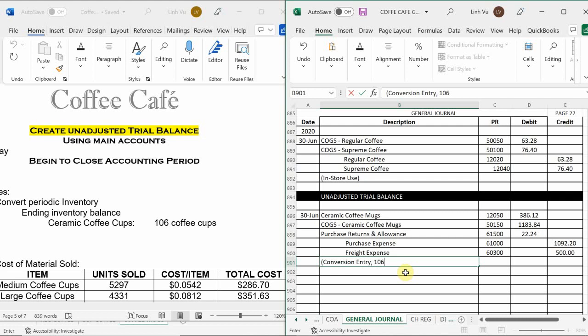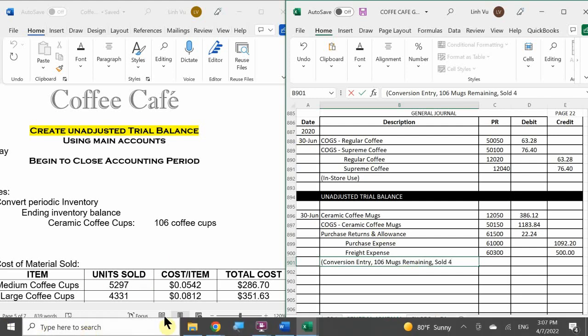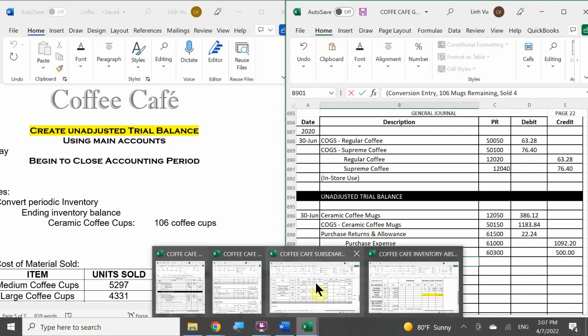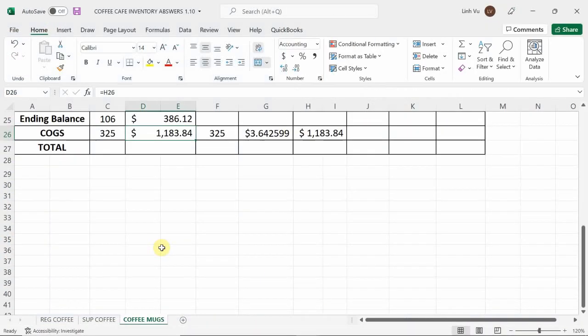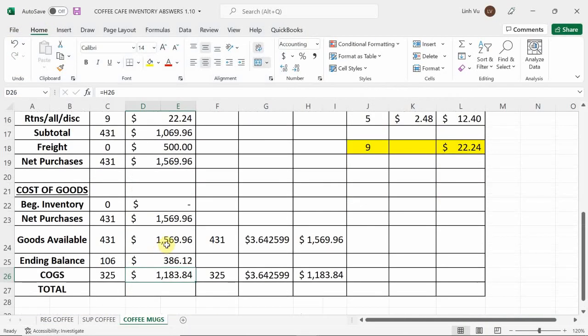You have 106 mugs remaining. You could say you sold a total of 400. How many did you sell? 431. No, you sold 325.